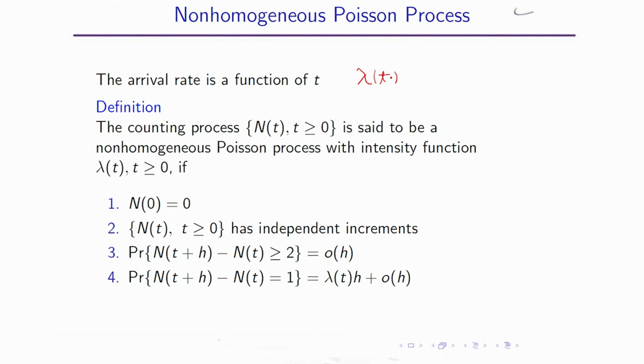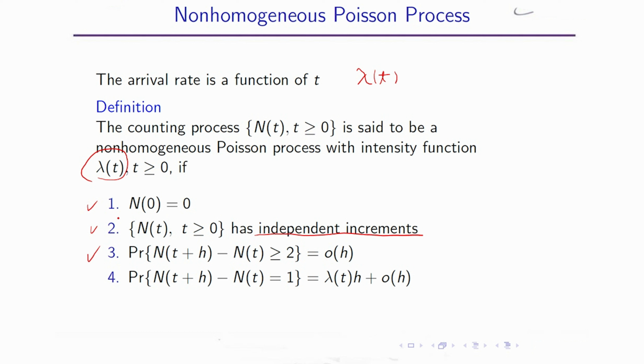Okay? So still, we have a counting process, N(t), like the Poisson process. And N(t) is said to be a non-homogeneous Poisson process with intensity function lambda(t) if, number one, N(0) is equal to 0, meaning the system starts from 0. Number two, N(t) has independent increments. This remains the same, like the Poisson process.